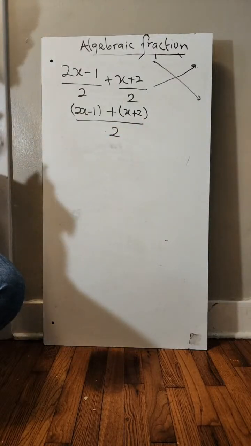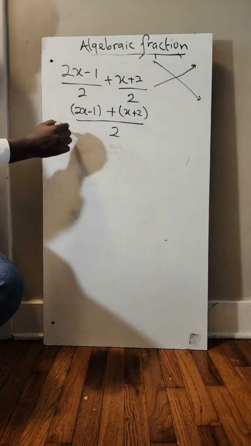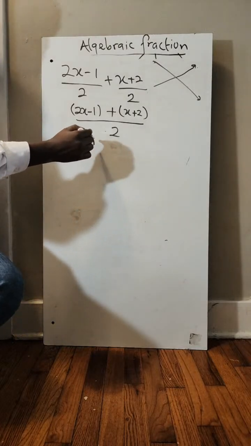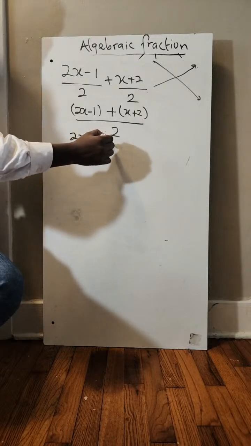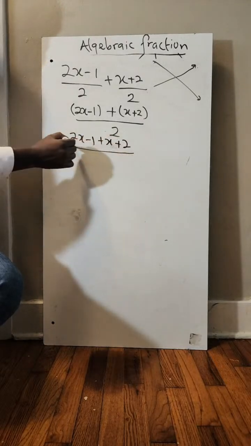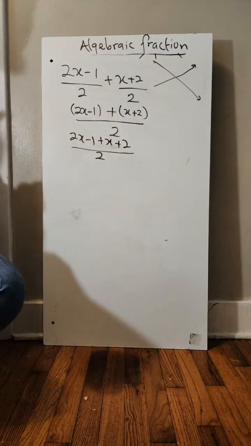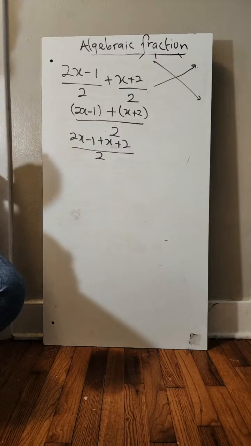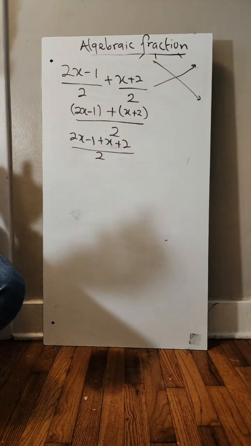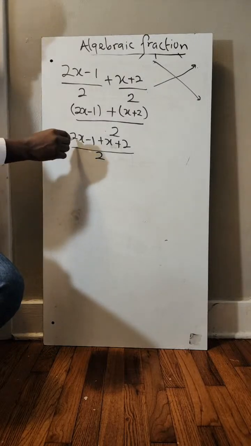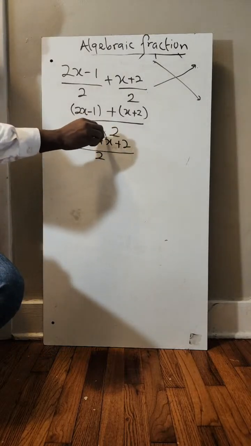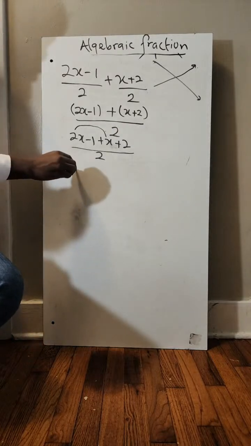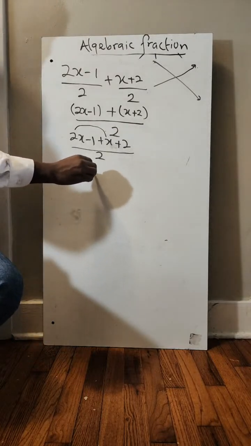Now, what else? Let's bring them out. Here we have 2x minus 1 plus x plus 2 over 2. The next thing we have to do is to collect the like terms. The algebraic terms are going to be different from the other terms. Let's collect the like terms. We have 2x and plus x, so take them together, which is 2x plus x.